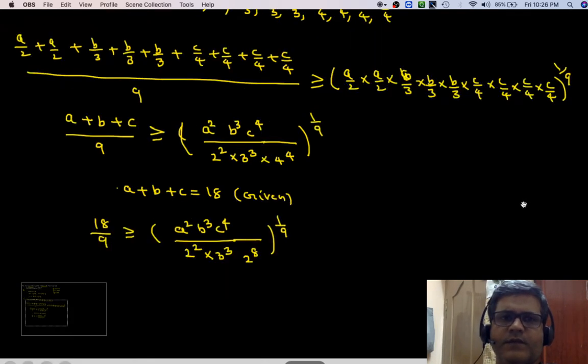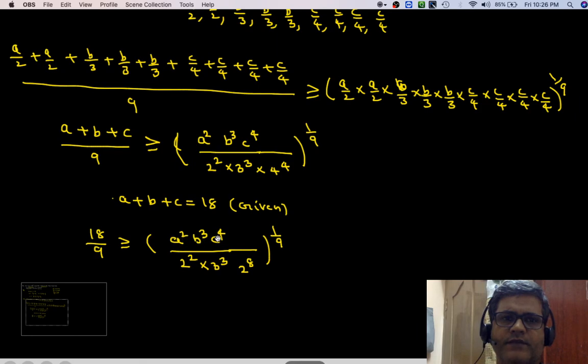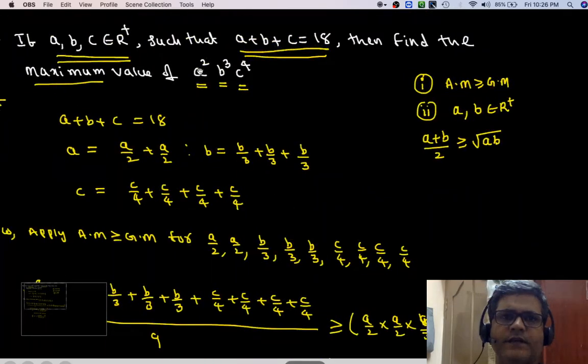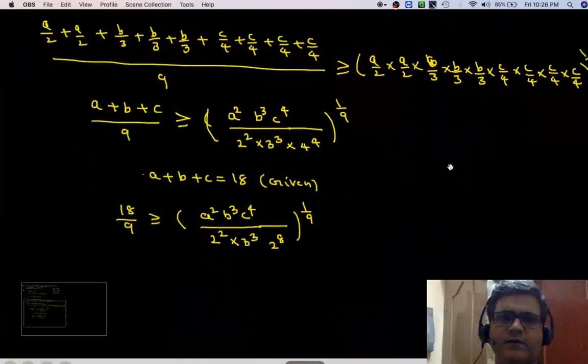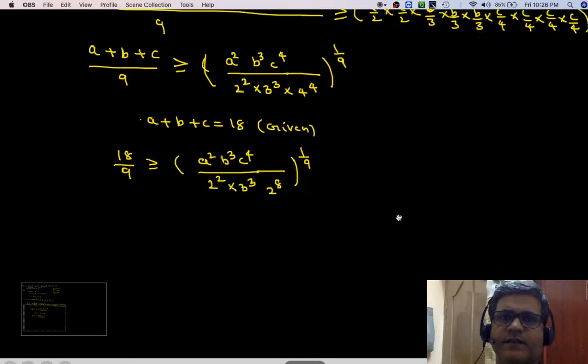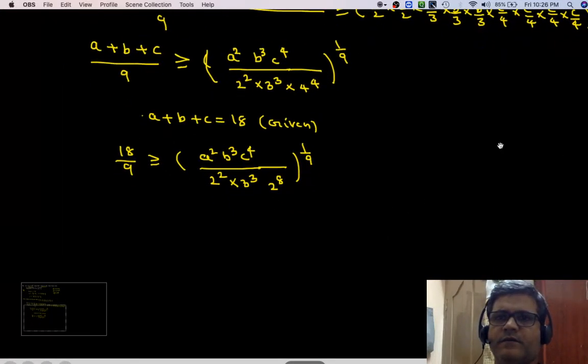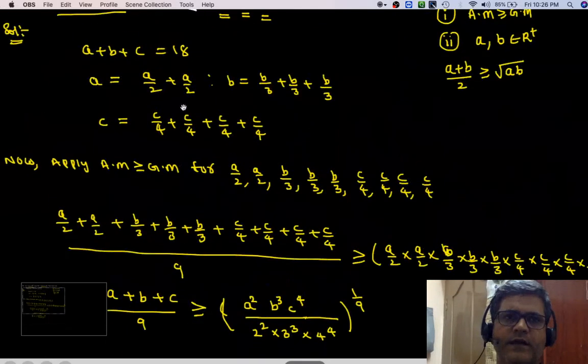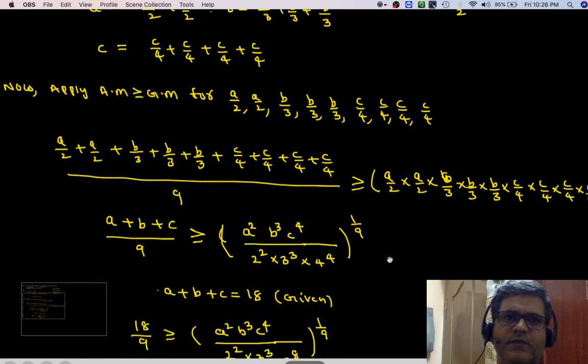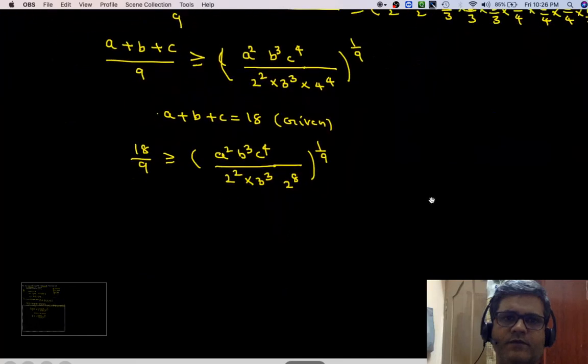Now our requirement is what? The maximum value of a square b cube c power 4 only in the question. To generate this required thing, a square b cube c power 4, we have written a as a by 2 plus a by 2, b as b by 3 plus b by 3 plus b by 3, c as c by 4 plus c by 4 plus c by 4 plus c by 4.